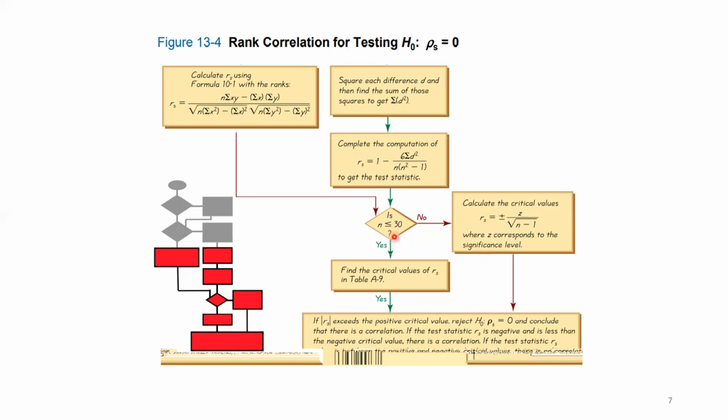If it is not less than or equal to 30, we go this way and calculate the critical values corresponding to the significance level. If our observations are less than 30, find the critical value for r using a table. We can see that table later.